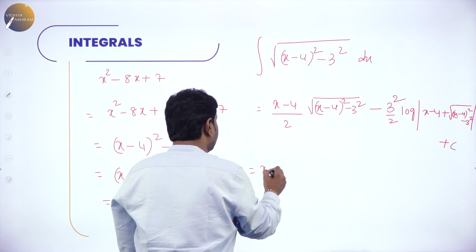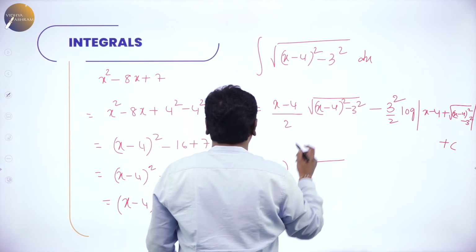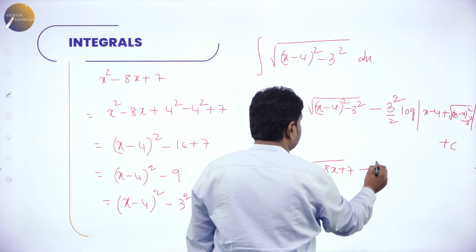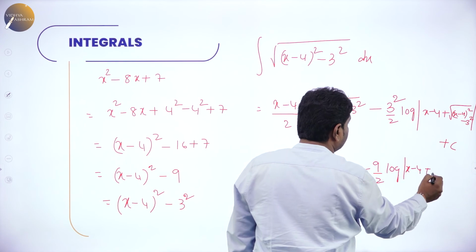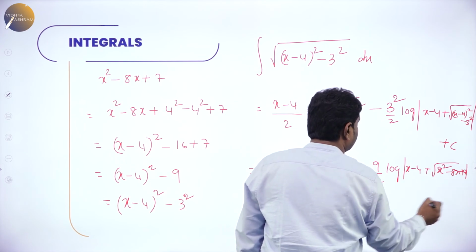Or finally we'll have x minus 4 by 2 and root of x square minus 8x plus 7, minus 9 by 2 log of mod of x minus 4 plus root of x square minus 8x plus 7, plus c.